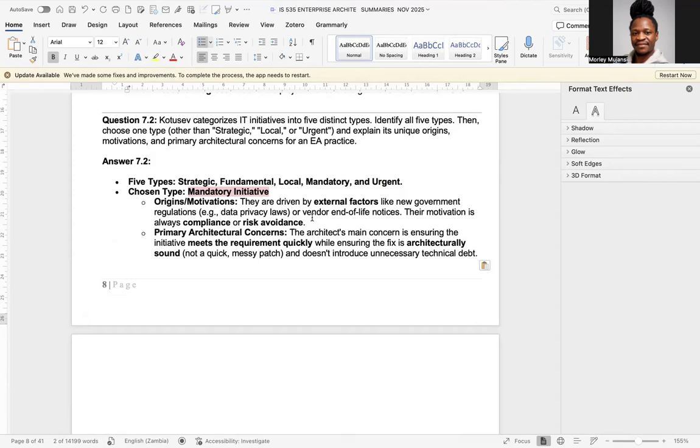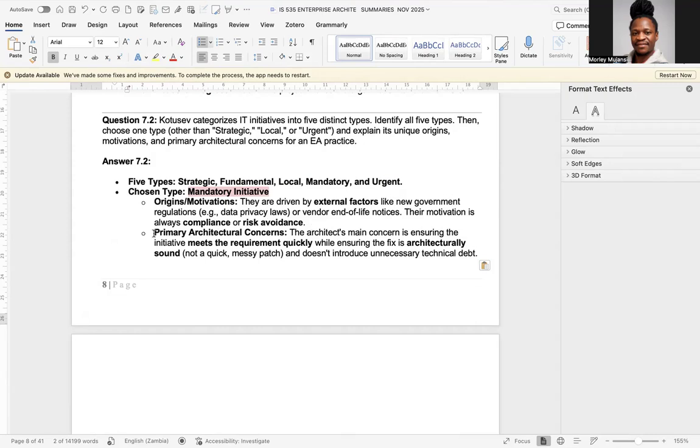So what that means is that all organizations are mandated. It was mandatory that they make IT initiative changes. And also sometimes it could be end of vendor support. Their motivation is always compliance and risk avoidance.